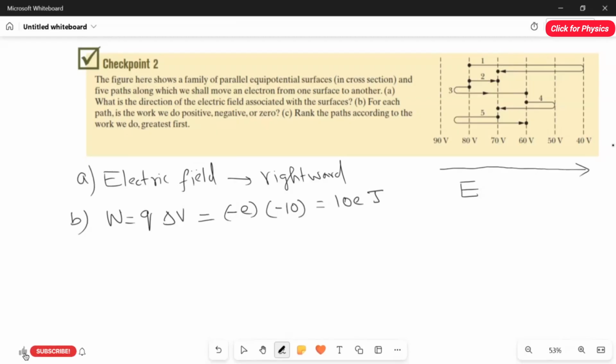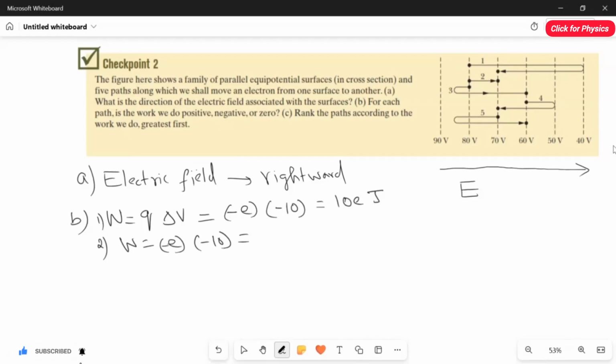For the second path, the work done is equal to the charge, which is negative for an electron, times V2 minus V1. It moved from 80 to 70, so we got 70 minus 80, which is minus 10.